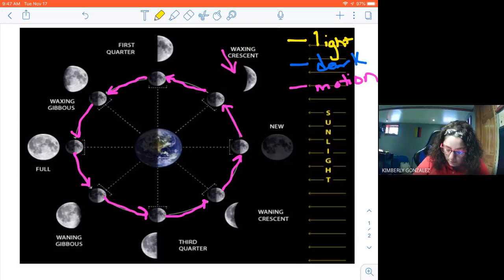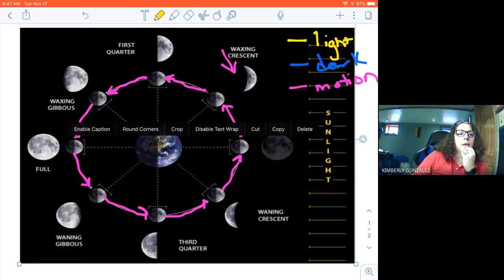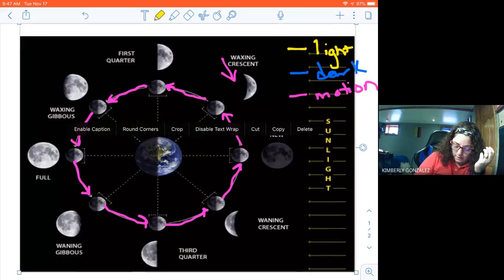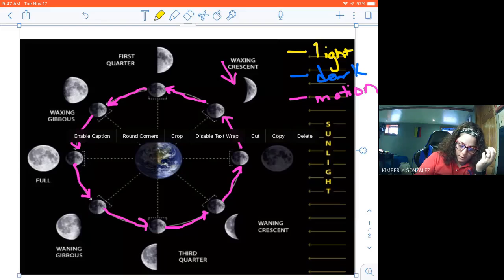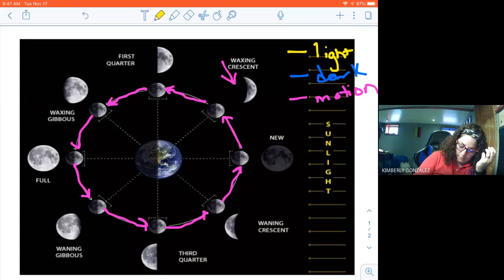Okay, so how do we actually figure it out? Well, you make a little dot on the center of the earth.